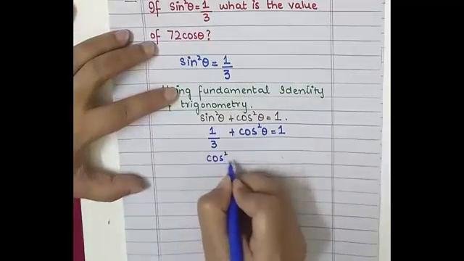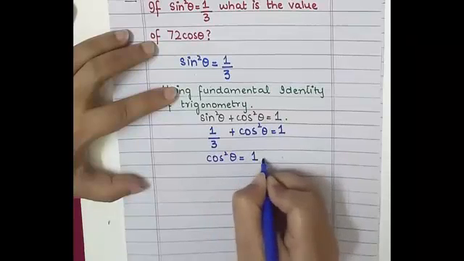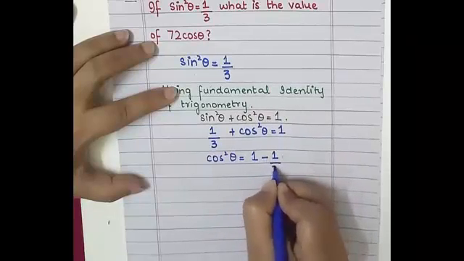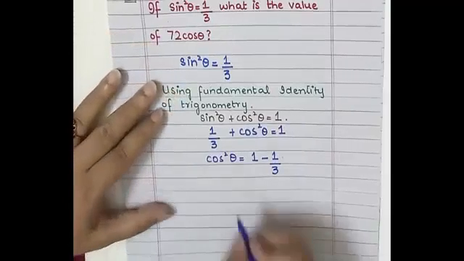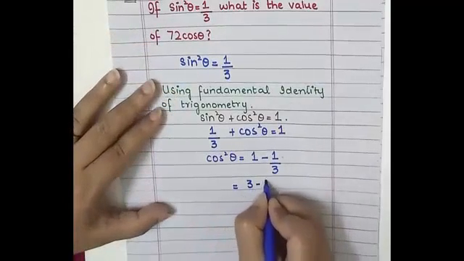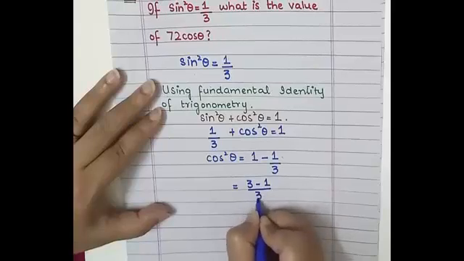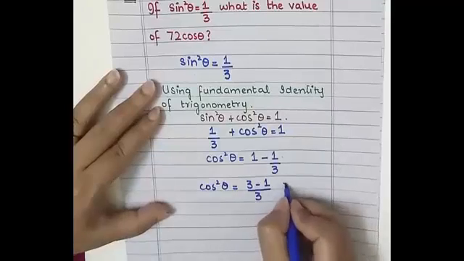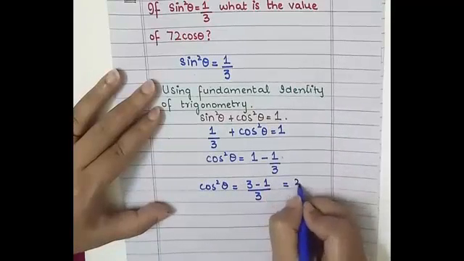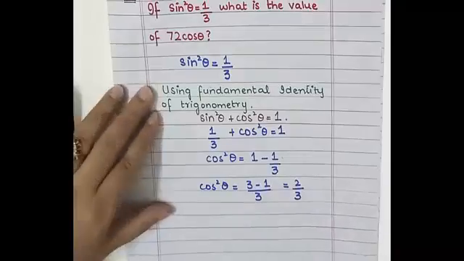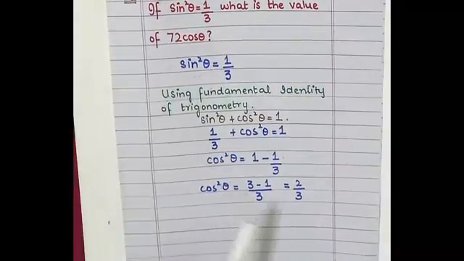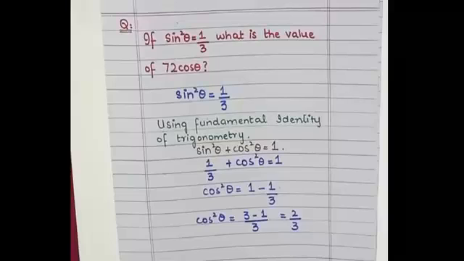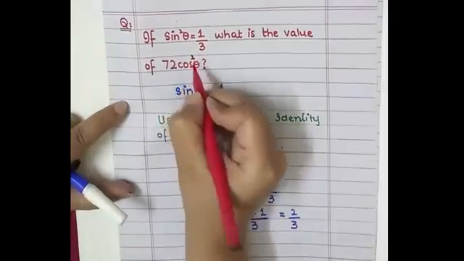Separating out the value of cos square theta, it is 1 minus 1 over 3. Now taking the LCM, this is equal to 3 minus 1 is 2, so 2 over 3. So this is the value for cos square theta. Now we have to find the value of 72 cos 2 theta.